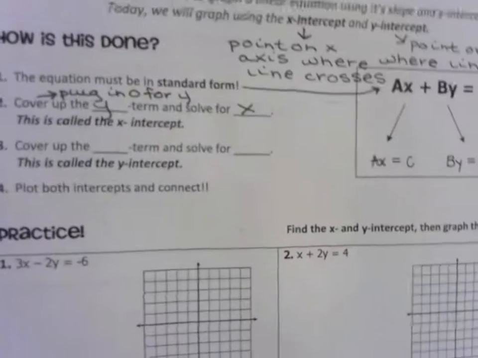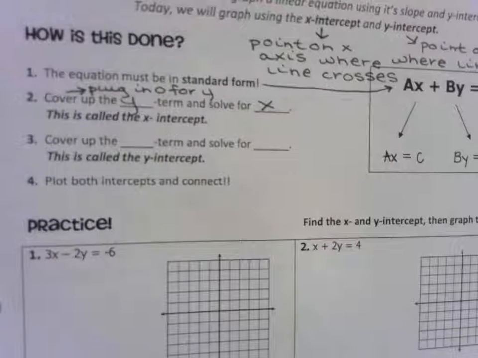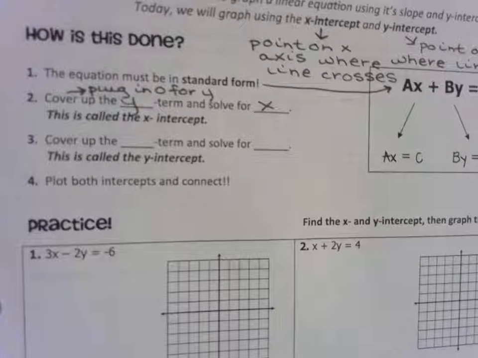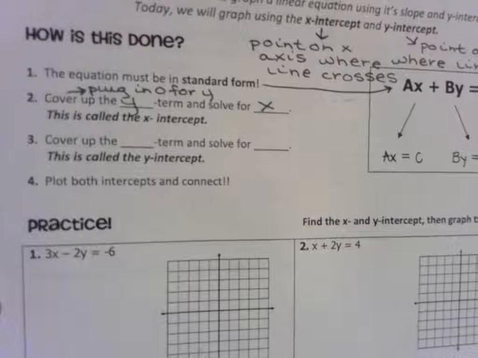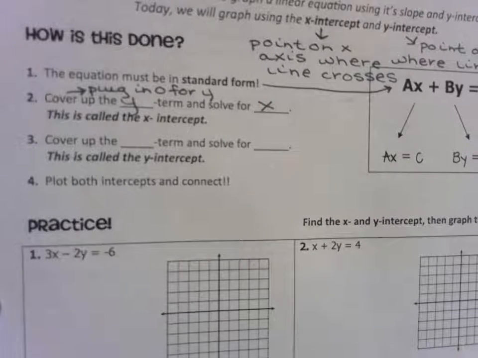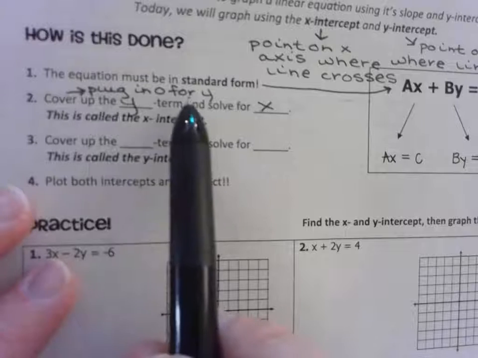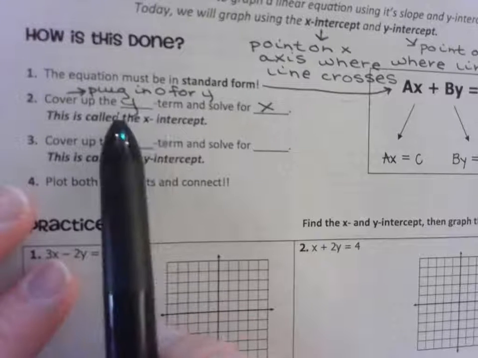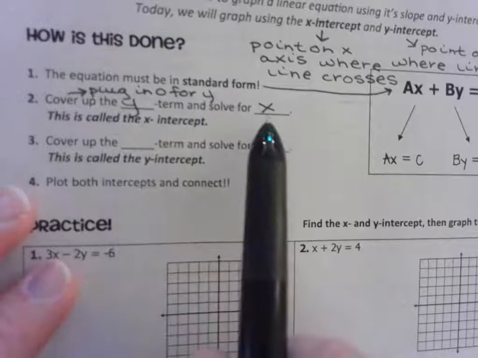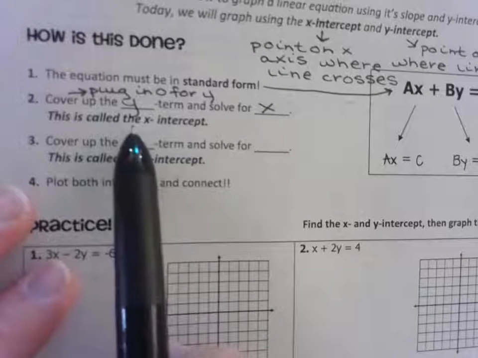If I am looking for a point on the x-axis, my y value is always 0. So if I plug 0 in for y, which is the same as covering up the y term, and then solve for x, that's the x-intercept.